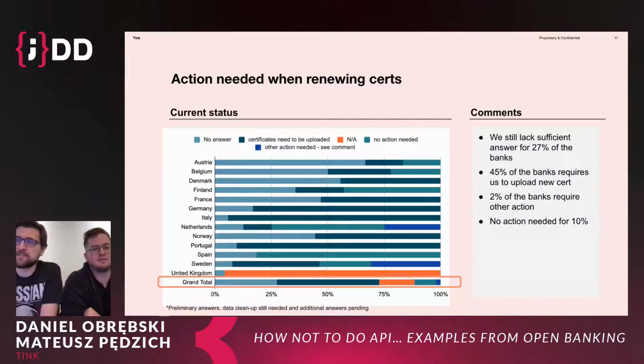And as you can see on the slide, a lot of banks didn't answer at all. And if we got an answer, it looks like we need to make some action. So that's another possible point of failure. And sometimes it means registering from the beginning, which, as you already know, is sometimes pretty difficult. And it may cause a lapse in our services, so we do not provide connection to that bank for some period of time because there are no valid certificates.